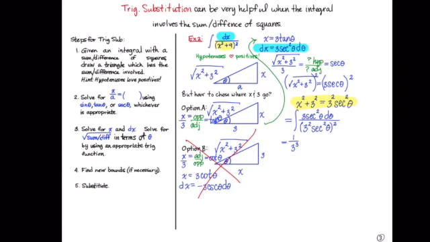So we have a secant squared theta in the numerator. We have a secant to the 4th theta in the denominator. And so that gives us just a 1 d theta in the numerator. And in the denominator, we have a secant squared theta.